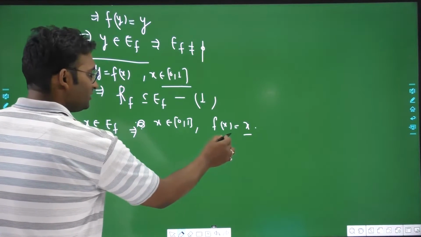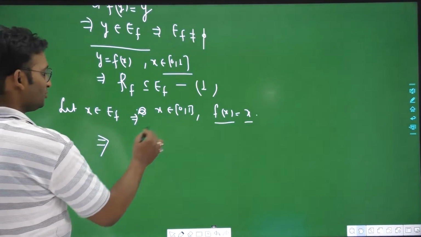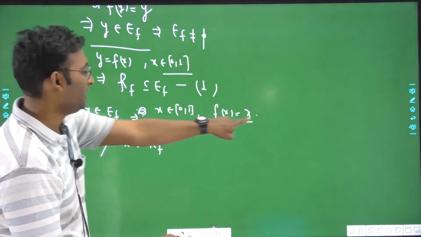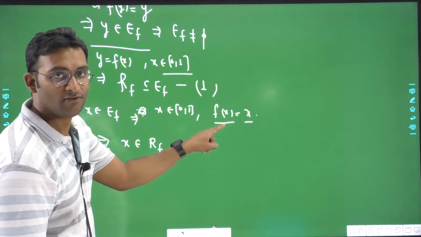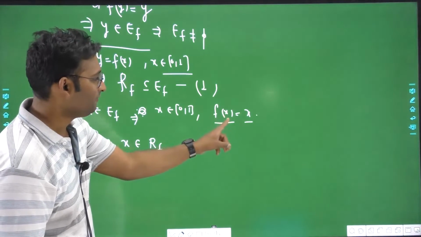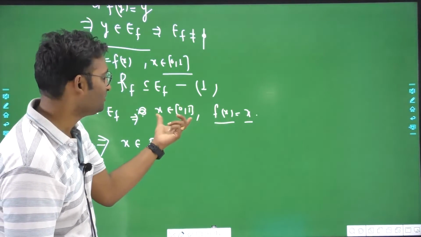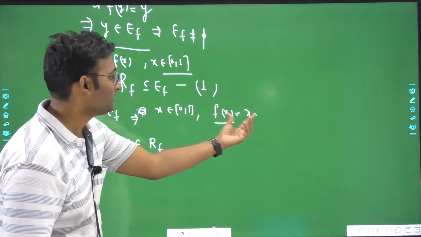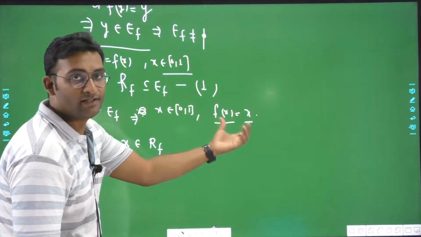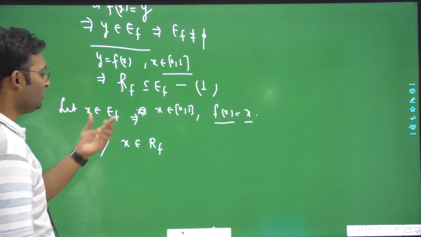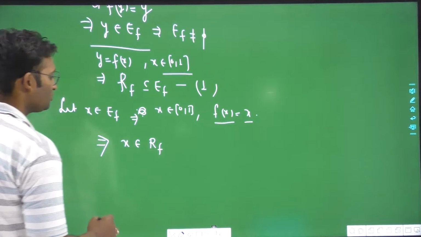Since x is equals to what, f of x, and x belongs to 0 comma 1, it implies x also belongs to range of f, because x happens to be equal to the image of f where x belongs to 0 comma 1. So if x belongs to e of f, it implies x also belongs to range of f.